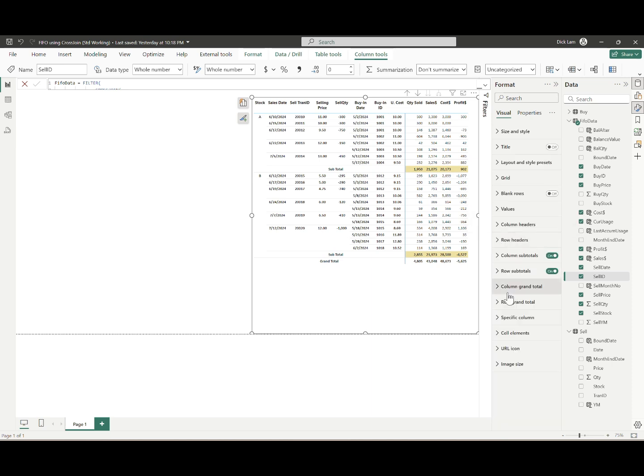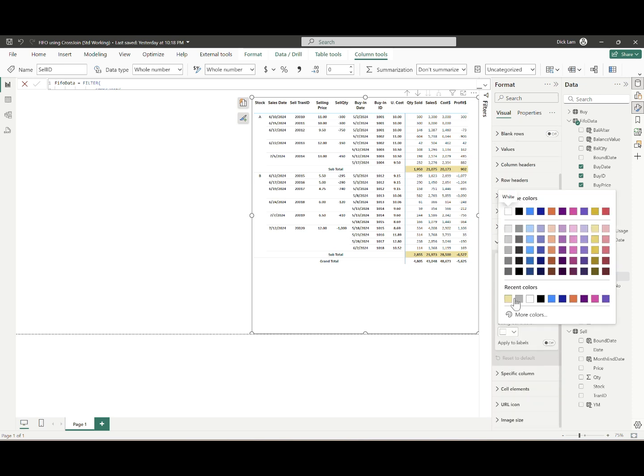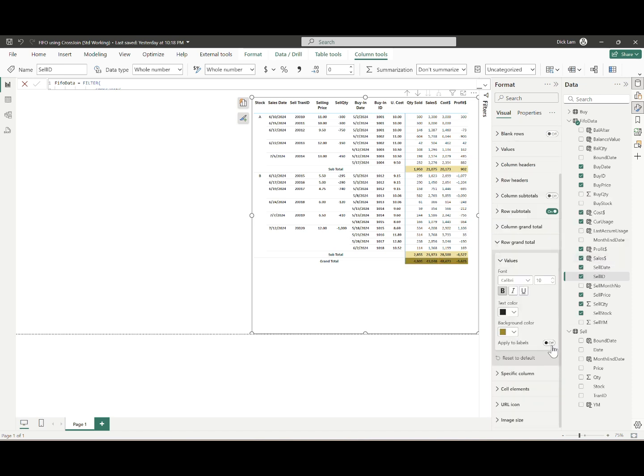We don't have the grand total here, so we need to go to the section of grand total. It should be this one, the row grand total. Okay, good. Okay, much better.